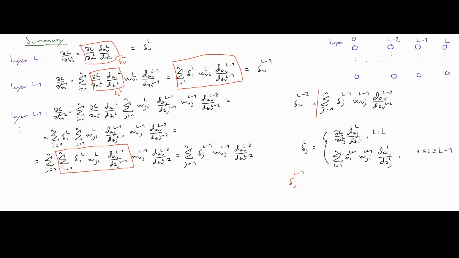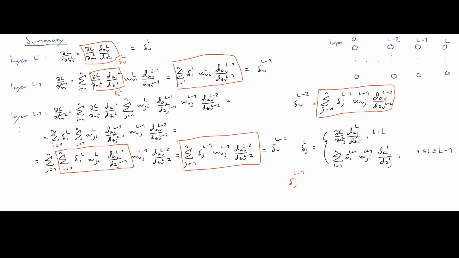And this summation is equal to this summation right here. So we can state that the partial derivative of the cost function with respect to some bias value in layer L minus 2 is equal to delta V L minus 2.